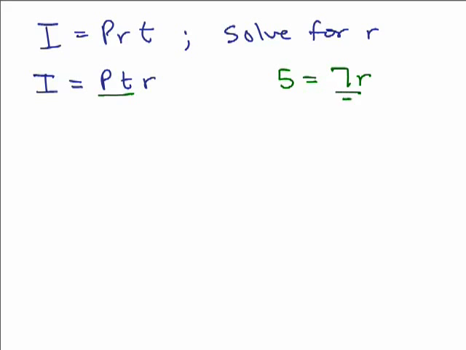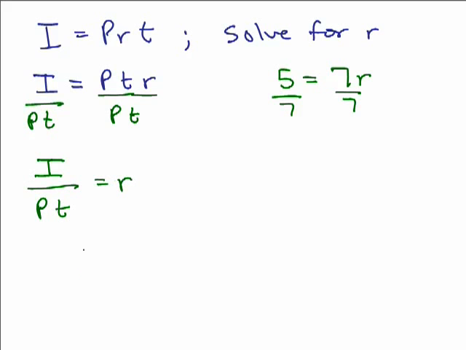You would do this by dividing by 7. But in this case, there isn't a 7. There's a pt being multiplied by r. So we want to divide both sides by pt. And that way the pt's cancel, and I get I over pt equals r. And again, it's easier to read it when you write the variable that you're solving for on the left-hand side.